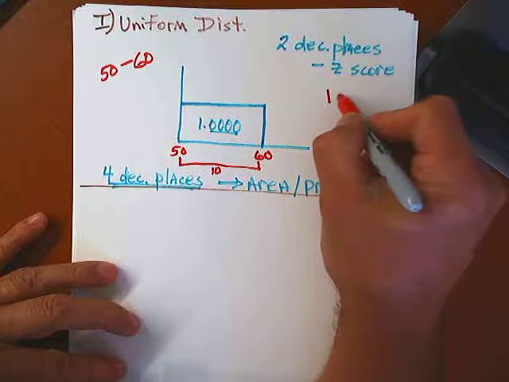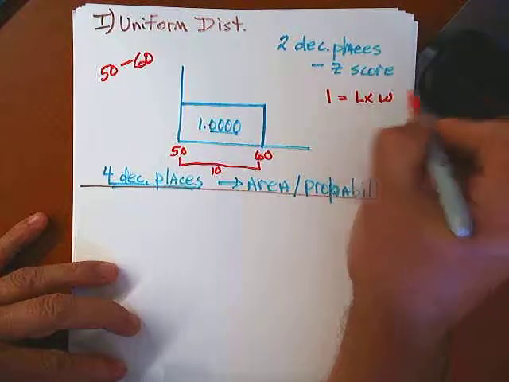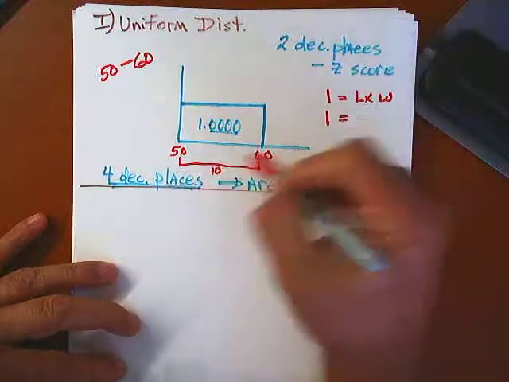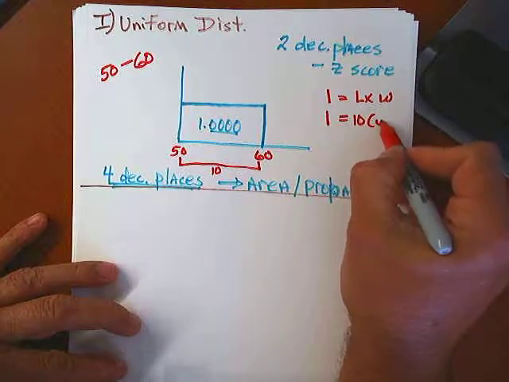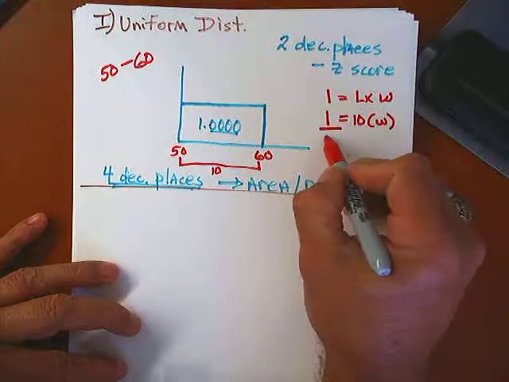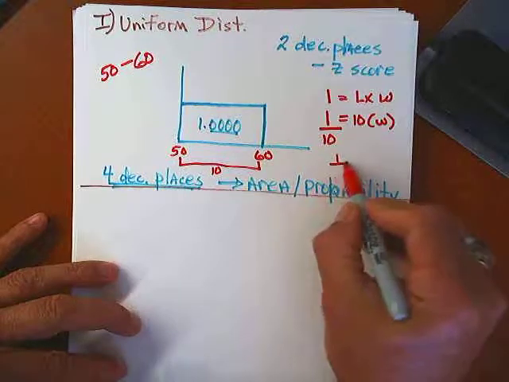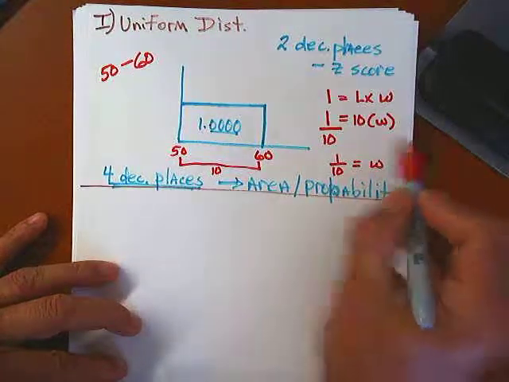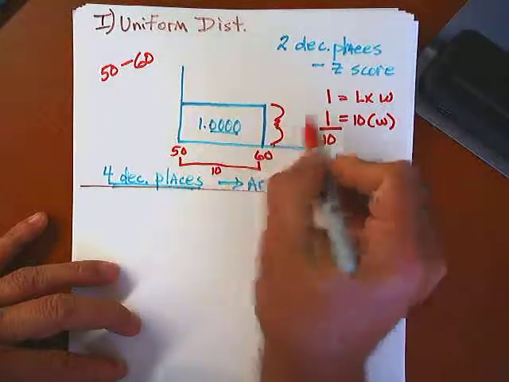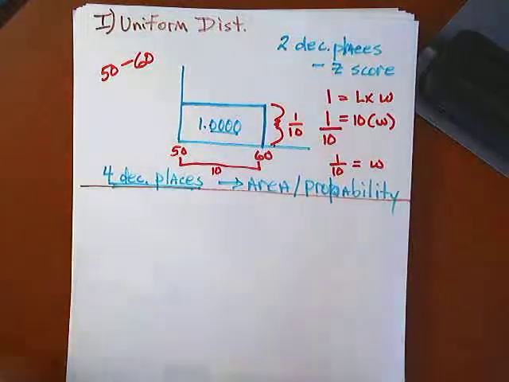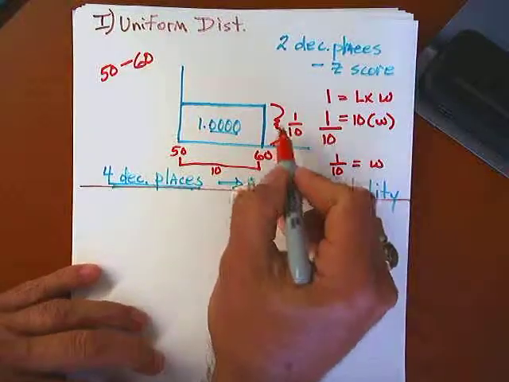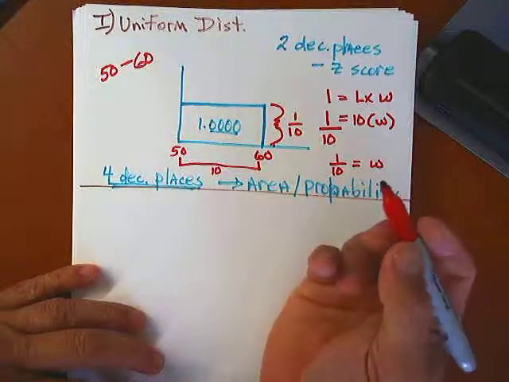And we know the area, 1, is equal to length times width. 1 is equal to 10 times the width, and 1/10 is equal to W. So this width is 1/10, and that's how you find the length and the width.